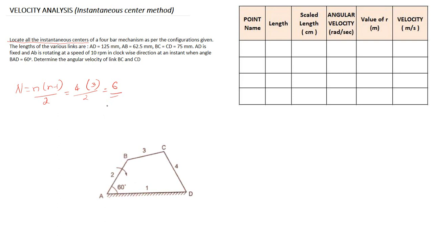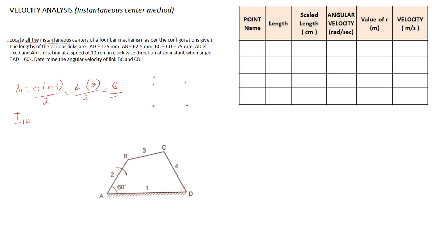Next we are going to find out the instantaneous centers. An instantaneous center is usually represented in this format, I1,2. You have to identify what all the instantaneous centers are. For that, mark 4 points, 1, 2, 3 and 4.